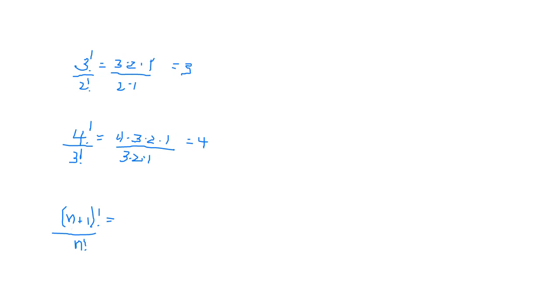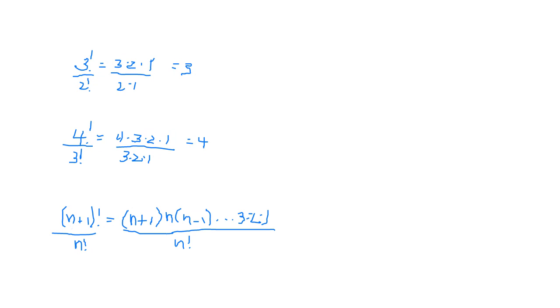Well, n plus 1 factorial, of course, is n plus 1 times n times n minus 1, all the way down till we get to 3 times 2 times 1. The denominator, I'm going to let be n factorial.